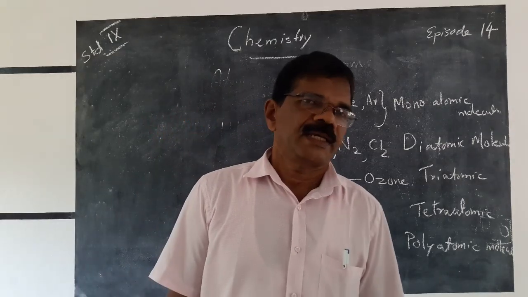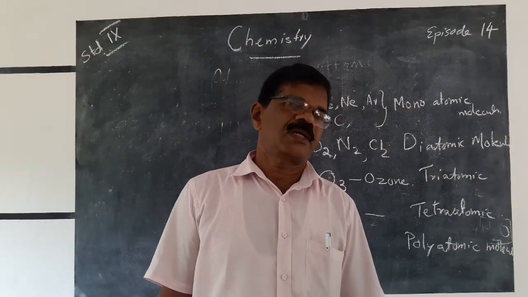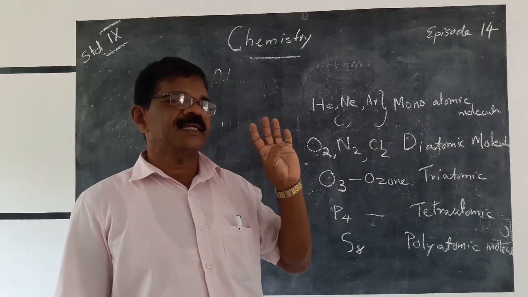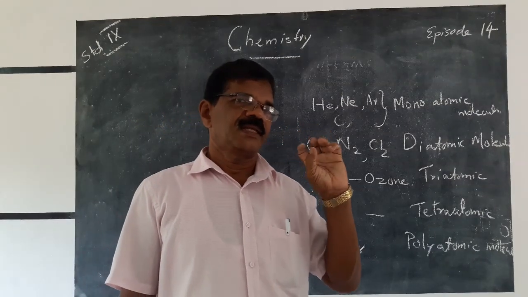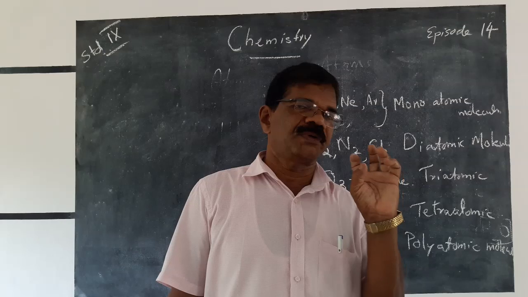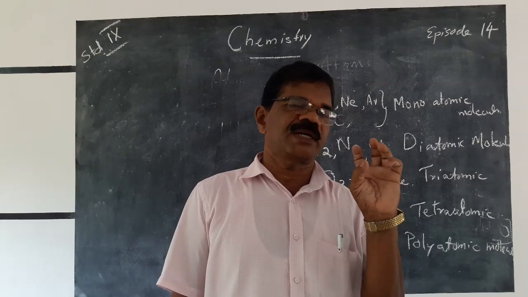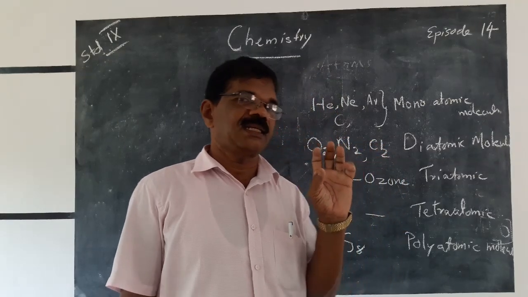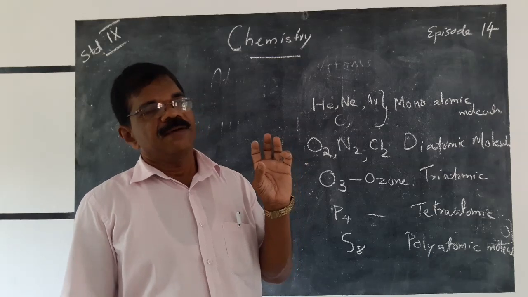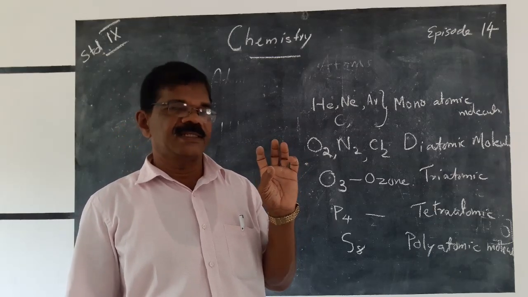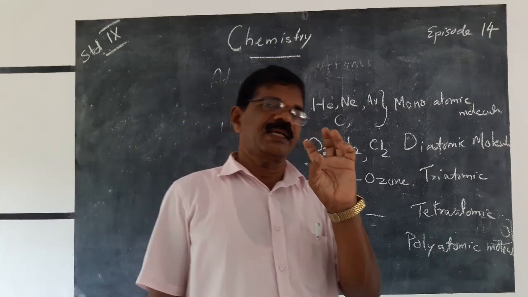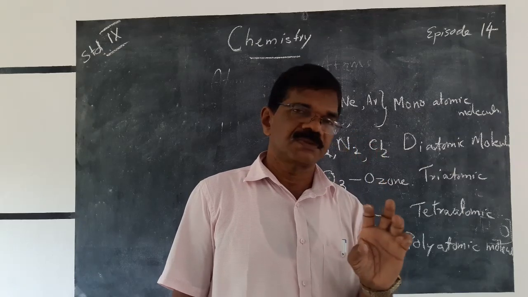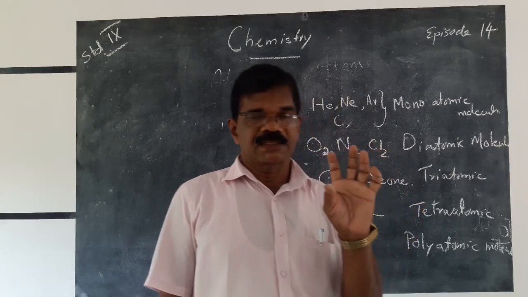Hence, please note, there are 118 elements. The total number of elements approved by the IUPAC is 118. So there are 118 types of atoms. Out of these 118 elements, there are 118 types of atoms and at the same time 118 molecules of elements.